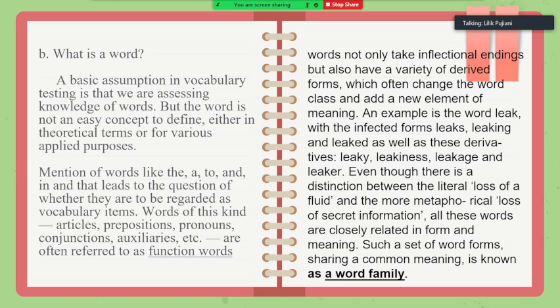Even though there is a distinction between the literal loss of fluid and the more metaphorical loss of secret information, all these words are closely related in form and meaning. Such a set of word forms sharing a common meaning is known as a word family.